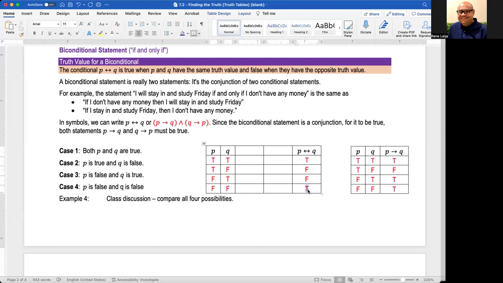Yep, that's true. So again, as long as P and Q are the same truth value, then the biconditionals are going to be true. If they're different, then they're going to be false. Okay. All right. So let me put this back. Put that in red, and then this part has to go in black. All right.